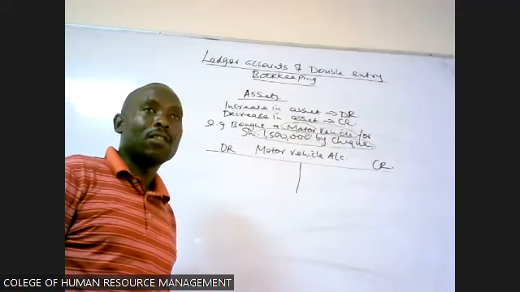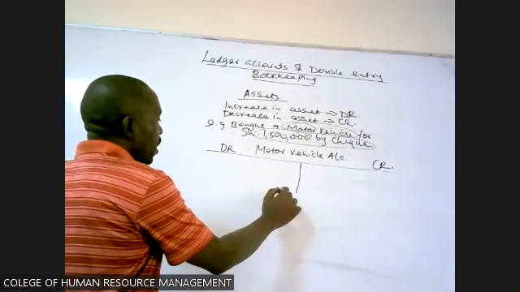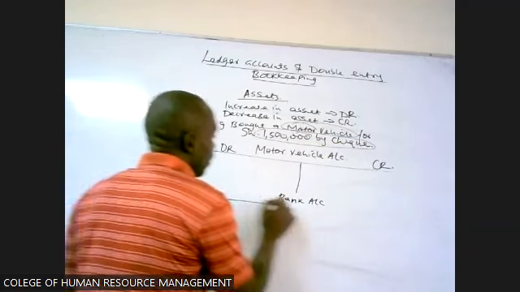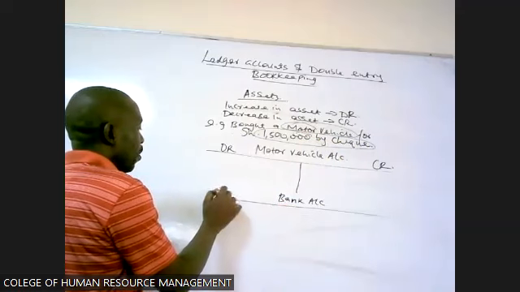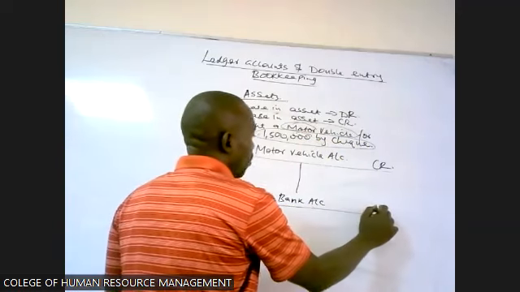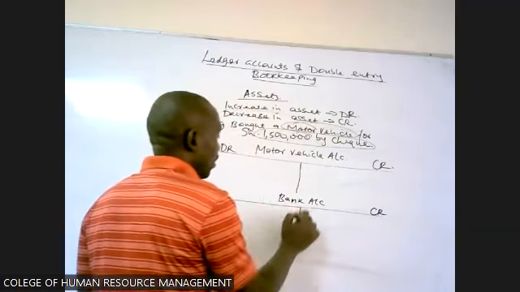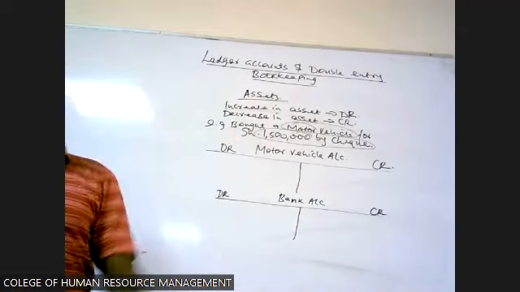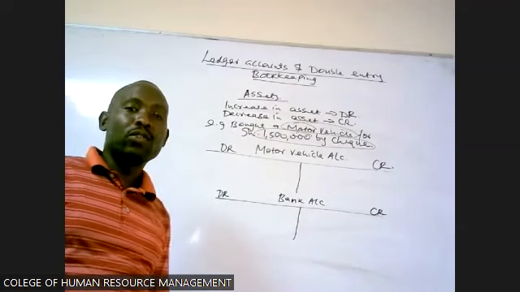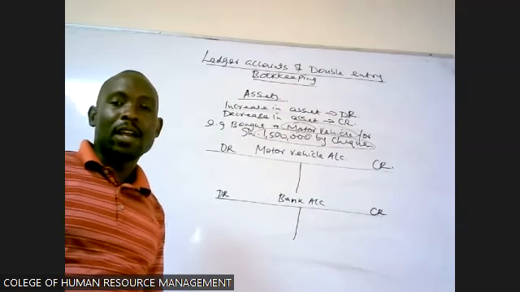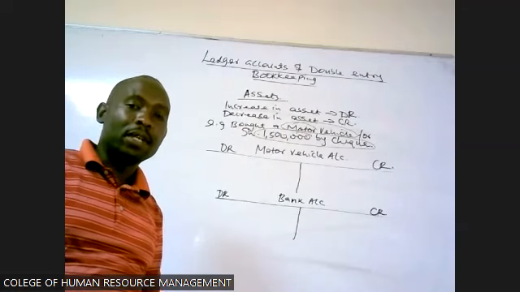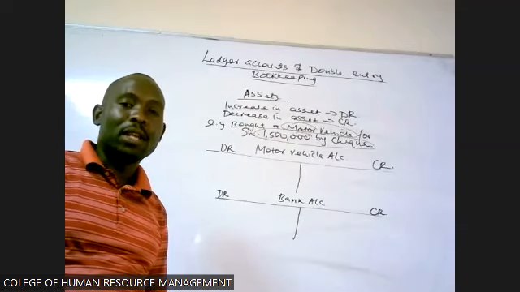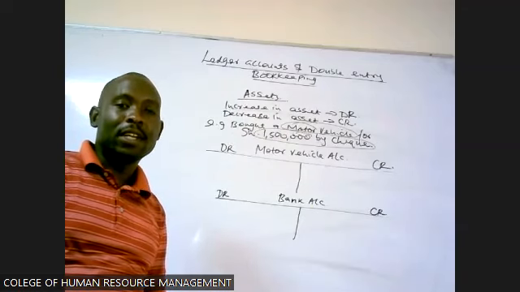So you open the bank account, and say that on my left is the DR, on my right is the CR. So you have your two accounts that will be affected by this statement. Now, which one of the two will be debited and which one will be credited? Because both cannot be debited, both cannot be credited.